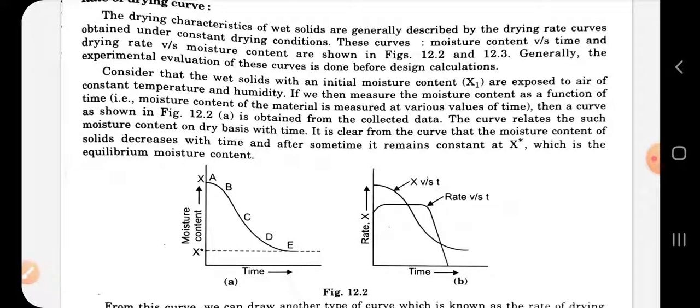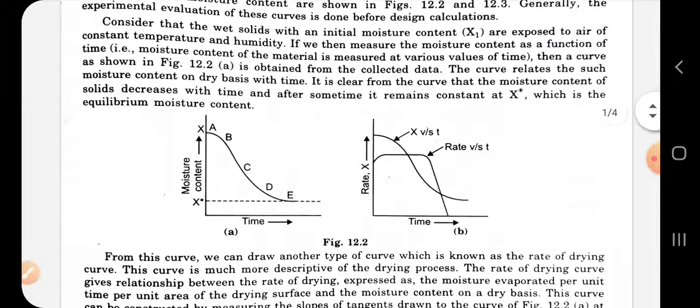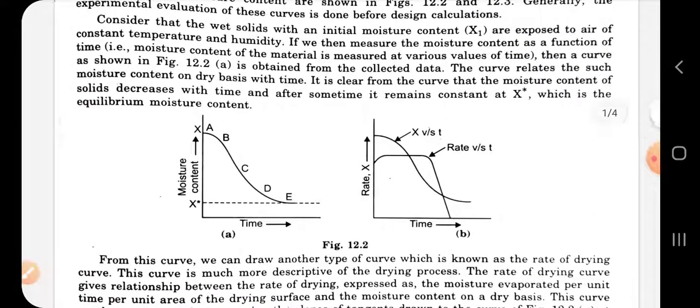As shown in figures 12.2, we can see two figures, and 12.3 we'll see further. Consider wet solids with an initial moisture content X, see figure 12.2a.